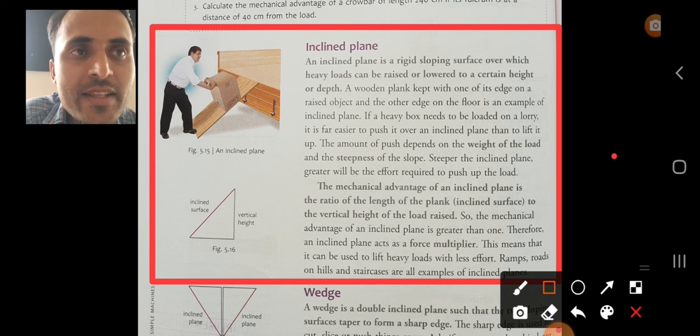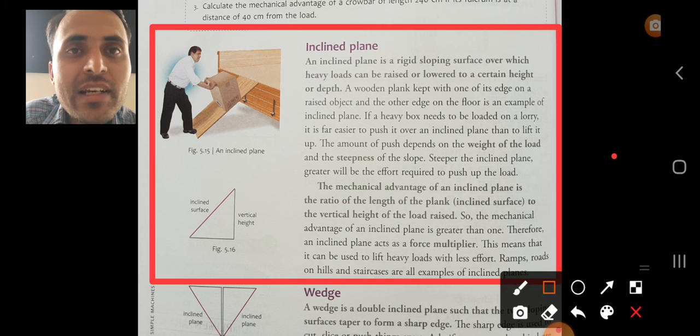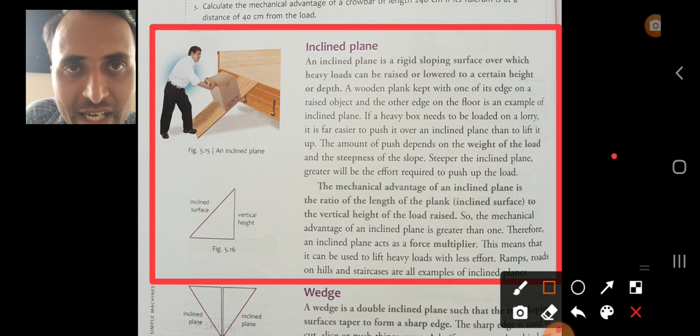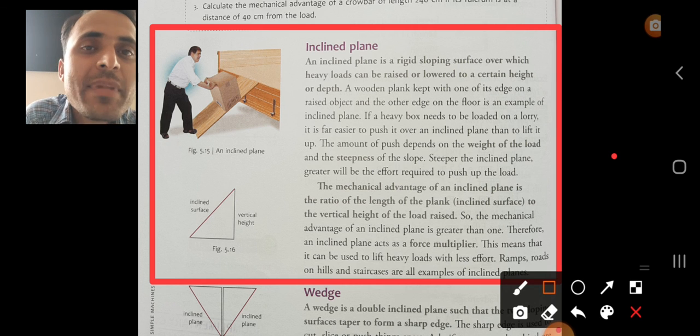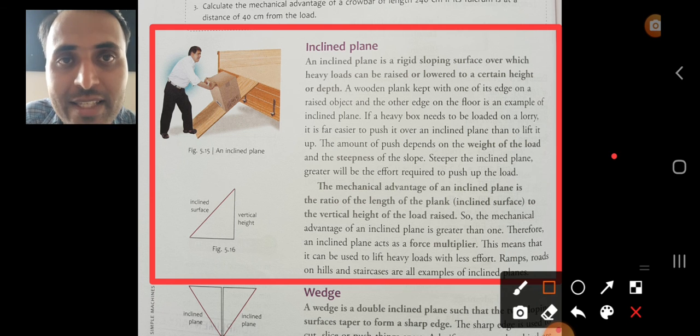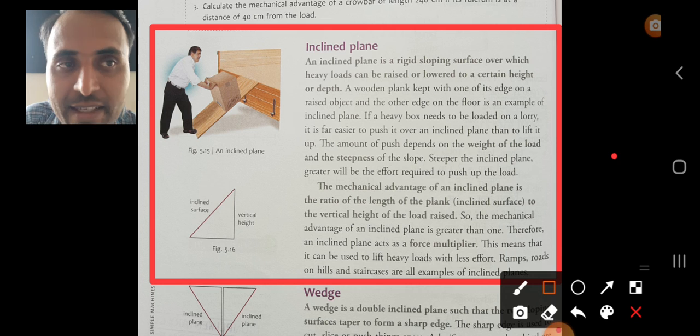So it is a rigid sloping surface over which heavy loads can be raised or lowered to a certain height or depth. Okay, the picture of the inclined plane is given. And the mechanical advantage of an inclined plane is the ratio of the length of the plank, also called the inclined surface, to the vertical height of the load that we are raising.